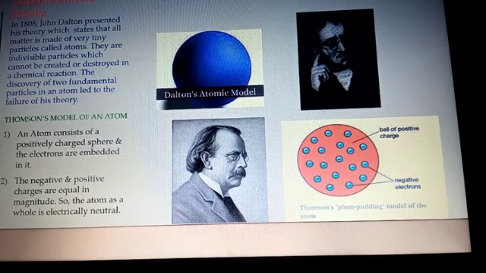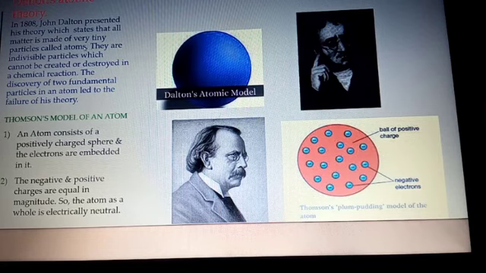So according to Dalton's atomic model, in the year 1808, John Dalton presented his theory, and that theory is called Dalton's atomic theory, and this is his model. It states that all matter is made of very tiny particles called atoms.